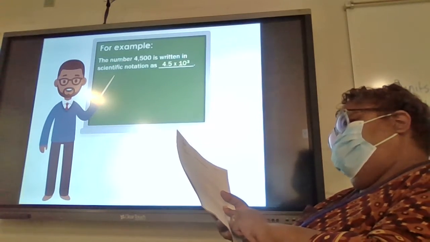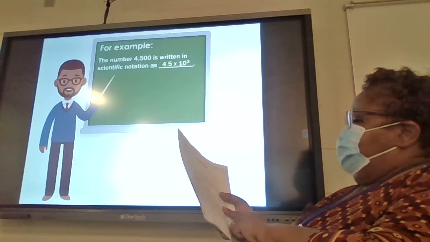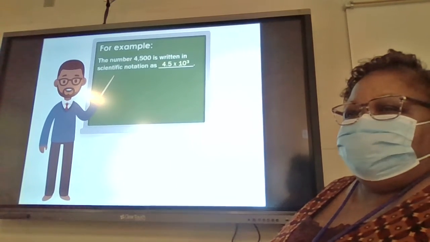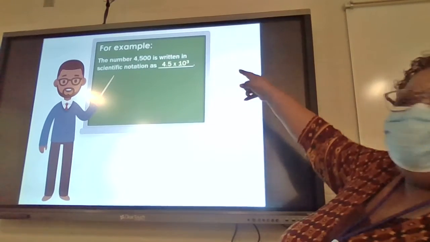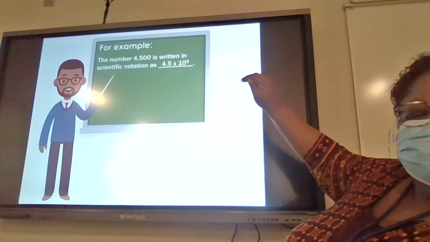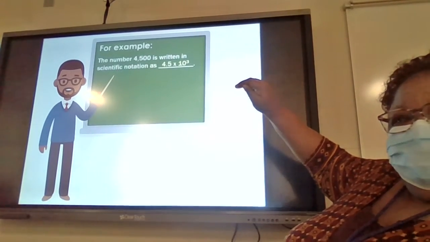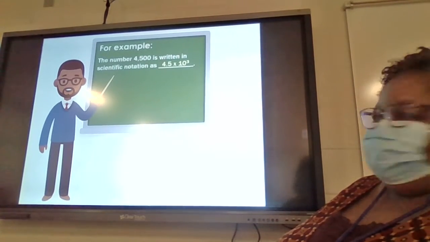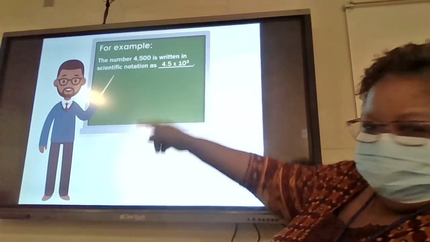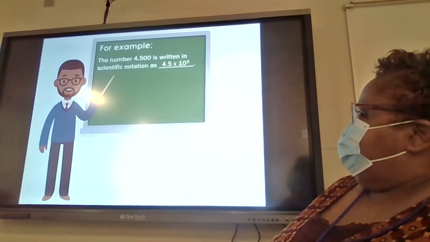So the number 4,500 is written in scientific notation as 4.5 times 10 to the third. And we're going to get into how we know to do that. Right now, we're just showing you what it looks like. So you're like, what the what right now? That's fine, because this is the introduction to scientific notation.